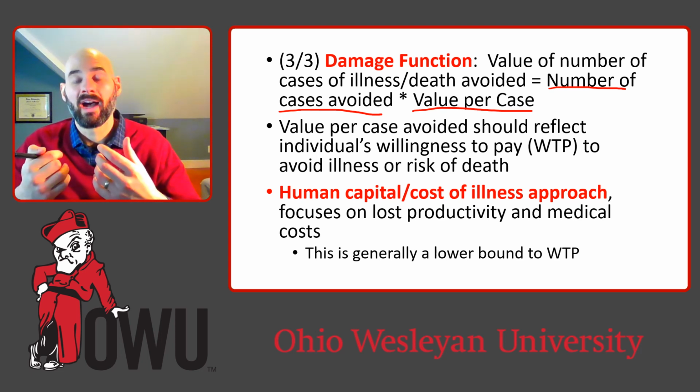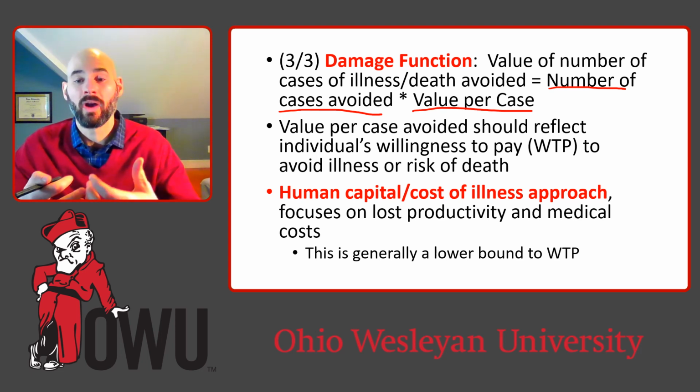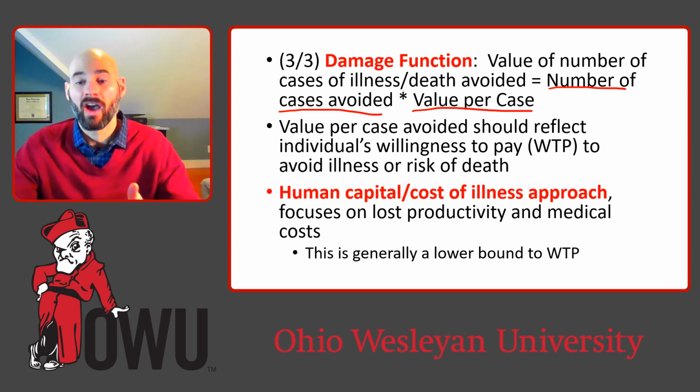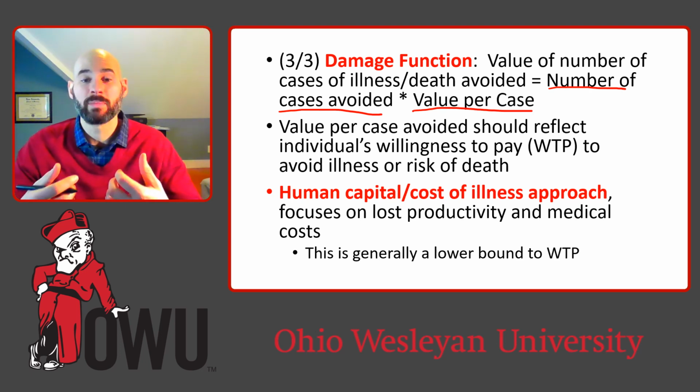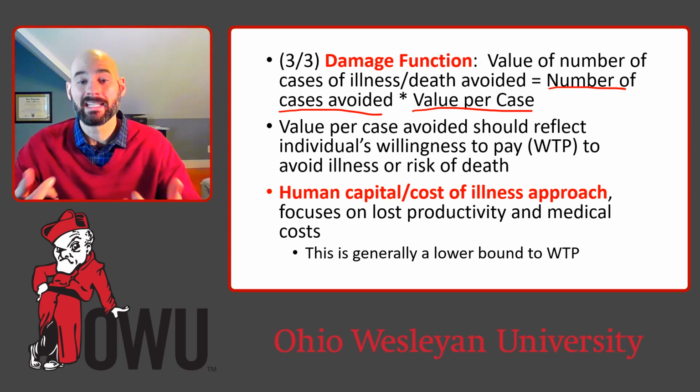And so the value of that health outcome is going to reflect the willingness to pay of the population which is experiencing the health outcome or has experienced the health outcome. And we can calculate this in a variety of ways, as we'll discuss shortly.